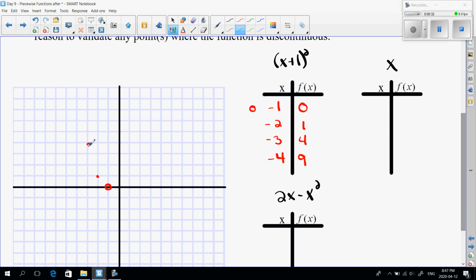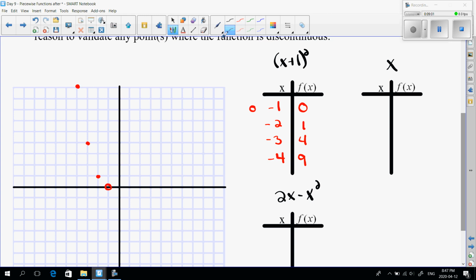Keep in mind these dots would be closed or filled in because it can equal -2, it can equal -3, it can equal -4. 4 to the left, up 9. Wait, 1, 2, 3. Okay, 9 would be here.